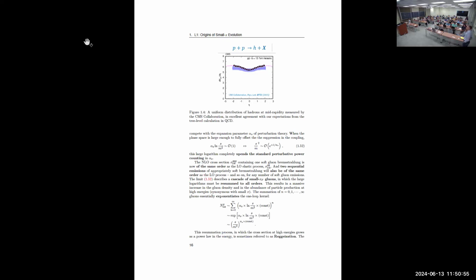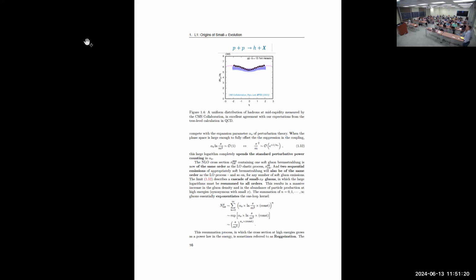So much like DGLAP, there's a strong ordering constraint, an angular ordering constraint, that says if I want to generate a log at every step as I iterate this kernel, I have to maintain a strong ordering in rapidity. So if this is the rapidity of the collision, then the first emission has something which is soft compared to one of the light cone directions.